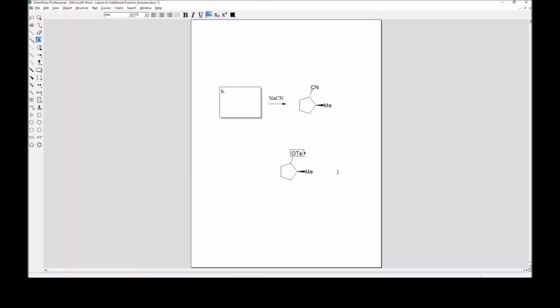And you might have noticed that this OTS is a specific type of tosylate, and it looks like this. This is what that particular tosylate looks like, and that's because it's such a beast to draw. That's why we have a tendency just to show it as that OTS. I think on one of the last homework assignments, I gave you a slight variation of OTS where it was the same sulfur dioxide.